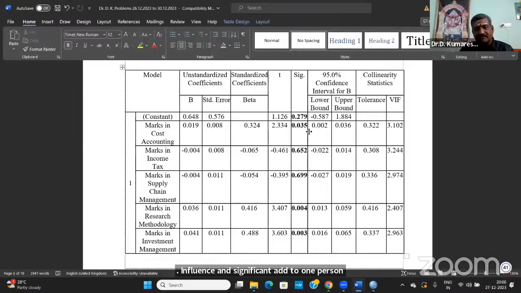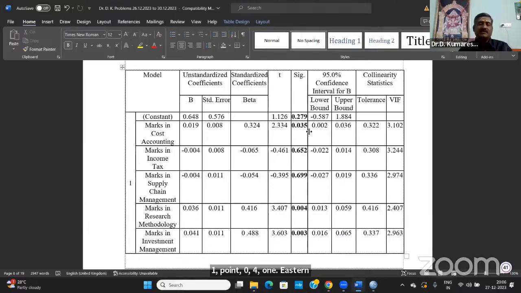Look at the P values. Which is the lowest value? 0.003 is the lowest value. Look at the B values. 0.041 is the highest value.